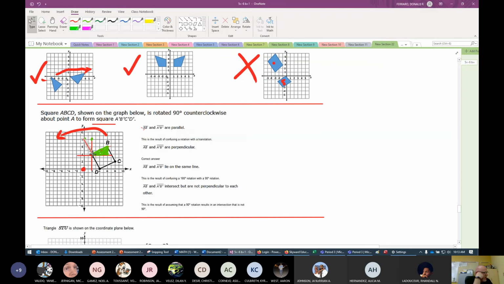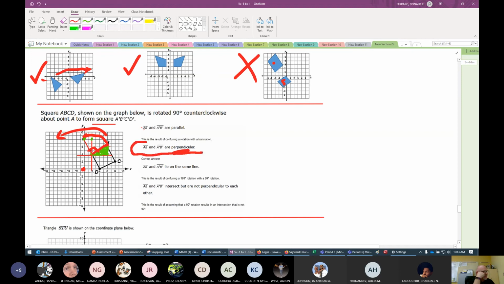And we can see, if I can get this to stop right there, that that line right there is a 90-degree rotation of B. That line right there is perpendicular.